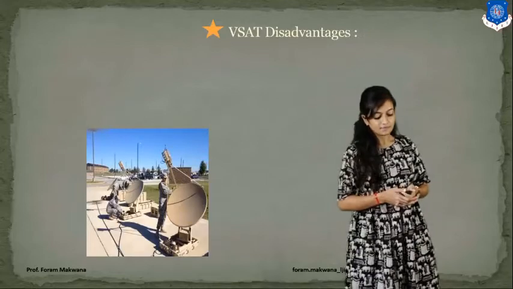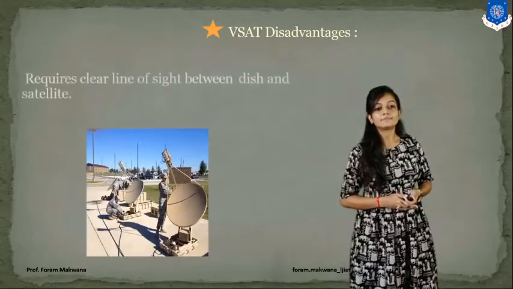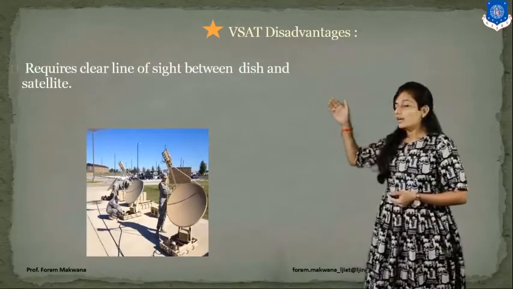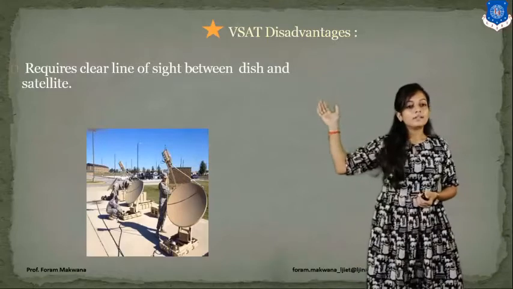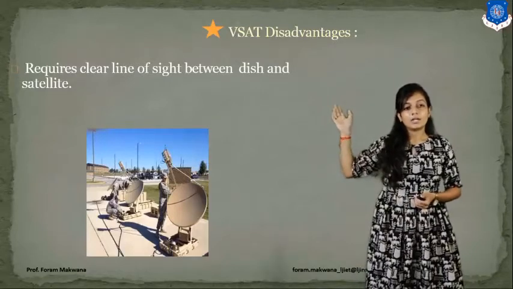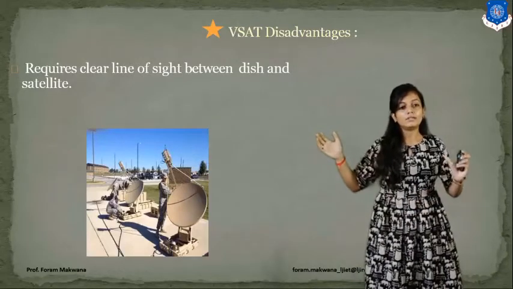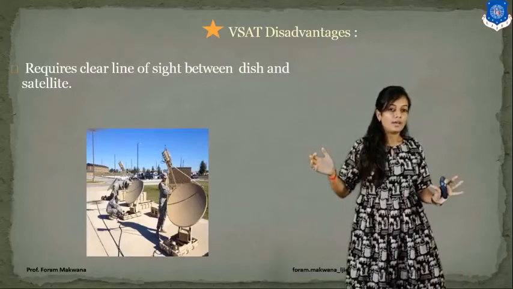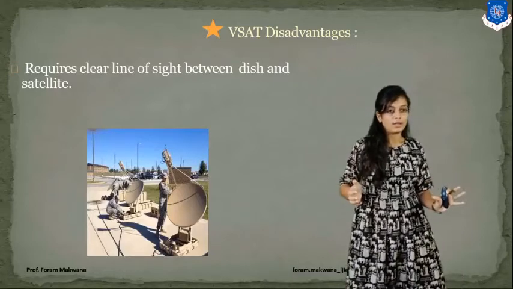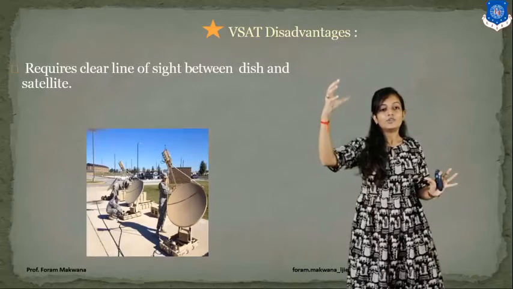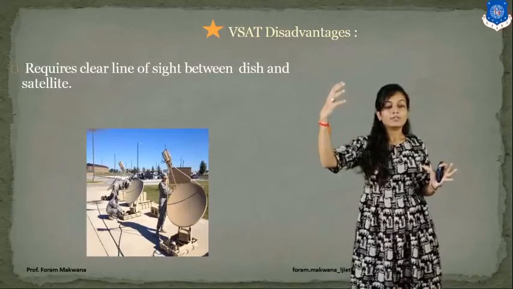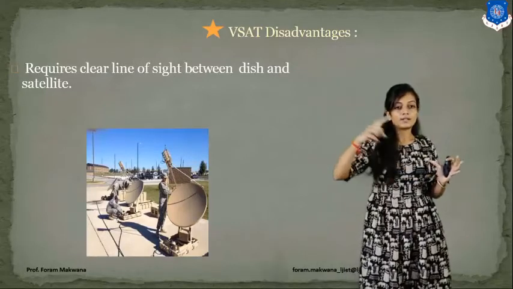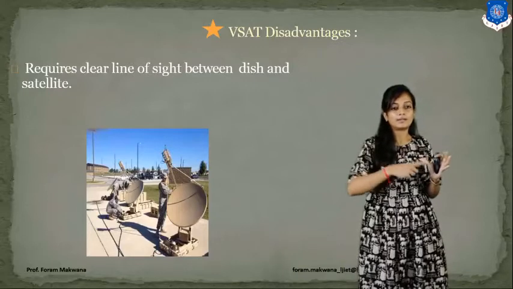Now what are the disadvantages? The disadvantages are, it requires a clear line of sight communication between the dish, which is on the ground, and the satellite, which is in space. So it requires a continuous line of sight communication.